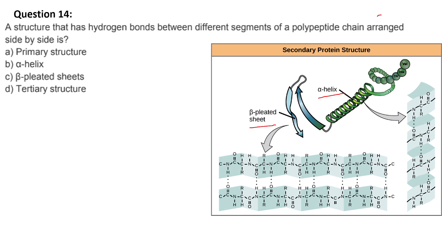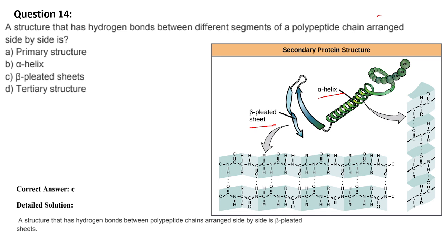If you see the structure drawn here, the structure of alpha helix and beta pleated sheet and the hydrogen bonding network over here.